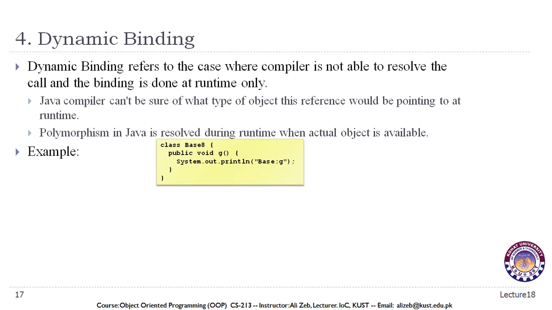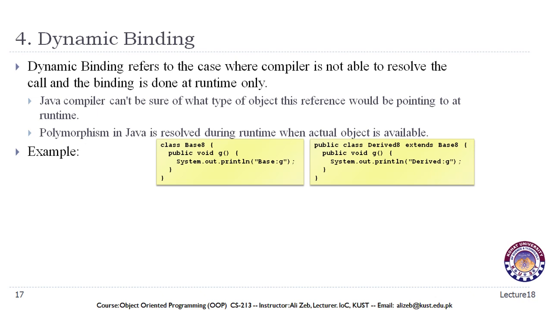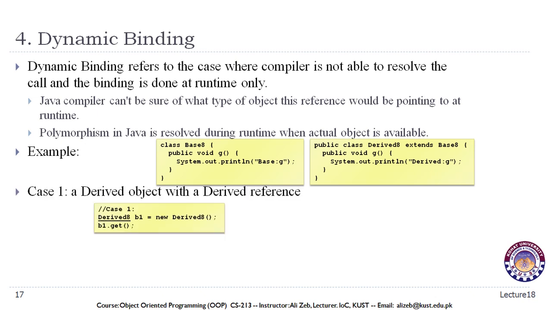For example, we have a class Base with the method void g that has a print statement, and we have exactly the same method with the same name in our derived class that is extending the base class. In our first case, a derived object with the derived reference.